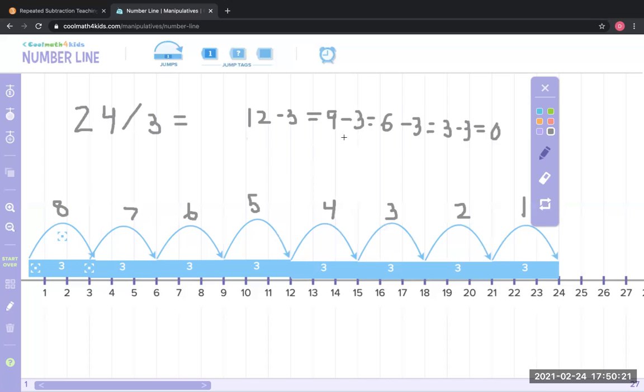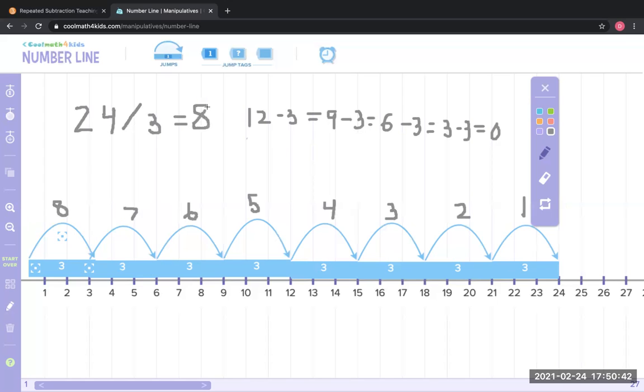So right here, we can see that we subtracted 3 out of this number here 1, 2, 3, 4 times. So we know that there is going to be 8 total times that we're going to subtract 3 from 24 to get to 0.